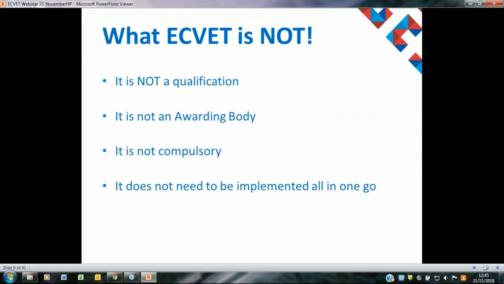And later on, I'm going to signpost you to some of the resources. And in there, you'll find a number of case studies and ECVET stories, all from experienced applicants. And they use ECVET, not because they have to, but because they see a clear and real benefit to using it.